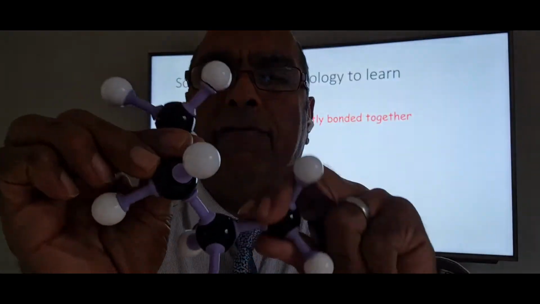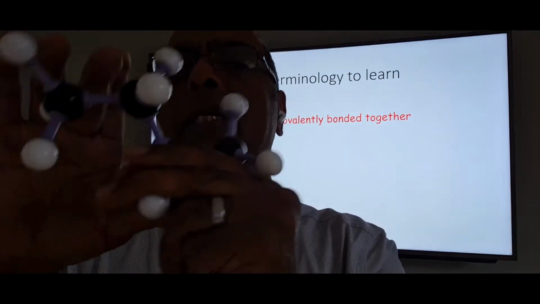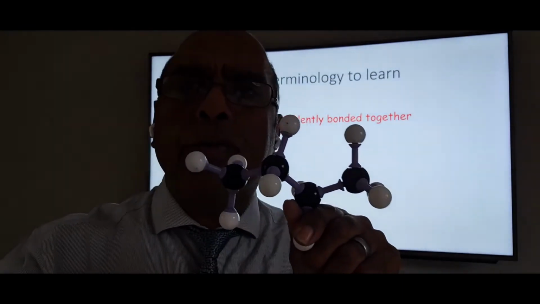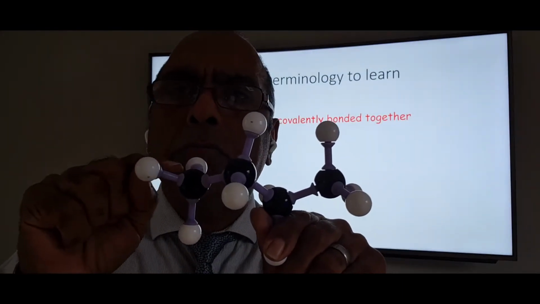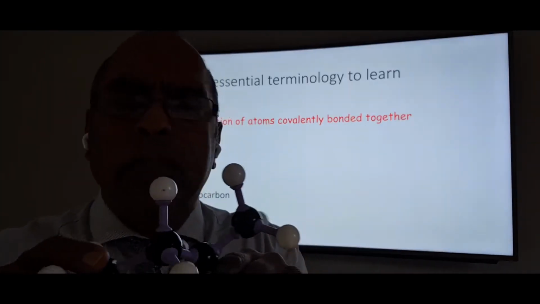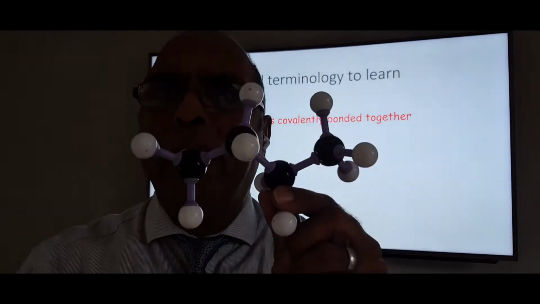Look, this is butane, 4 carbons long, and that is a molecule. Molecules are atoms covalently bonded together. So there are 14 atoms there: 4 carbons and 10 hydrogens.